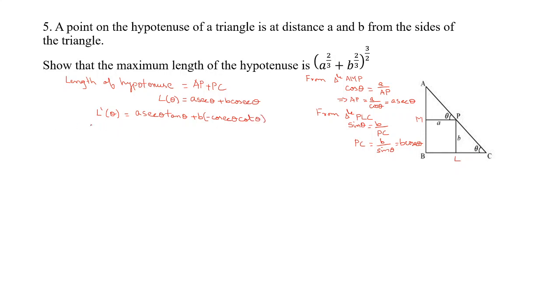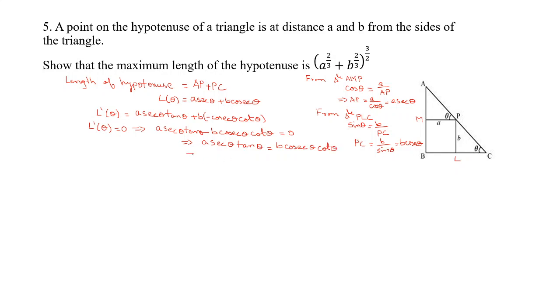So now L dash of theta equals 0 implies A secant theta tan theta minus B cosecant theta cot theta equals 0. So that implies A secant theta tan theta equals B cosecant theta cot theta.